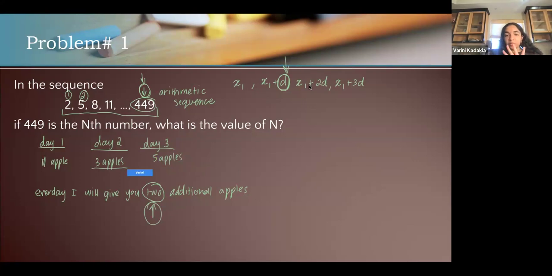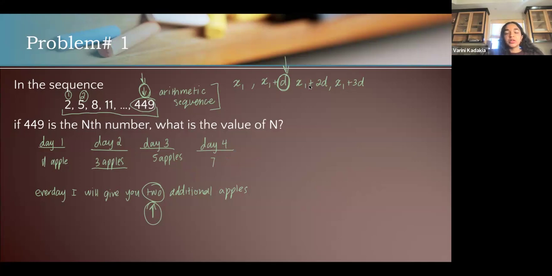So you get 5 apples. This is an arithmetic series or sequence. I think you guys are thinking about a geometric series. This one you add. So let's try day 4. How many apples would you have on day 4? 7.